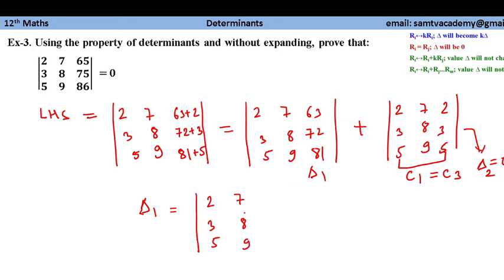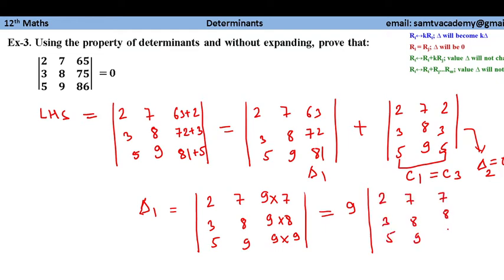So what is this? 9 into 7 is 63, 9 into 8 is 72 and 9 into 9 is 81. From this you can take 9 common because it is common in column 3. So 2, 3, 5, 7, 8, 9 and this is 7, 8, 9.